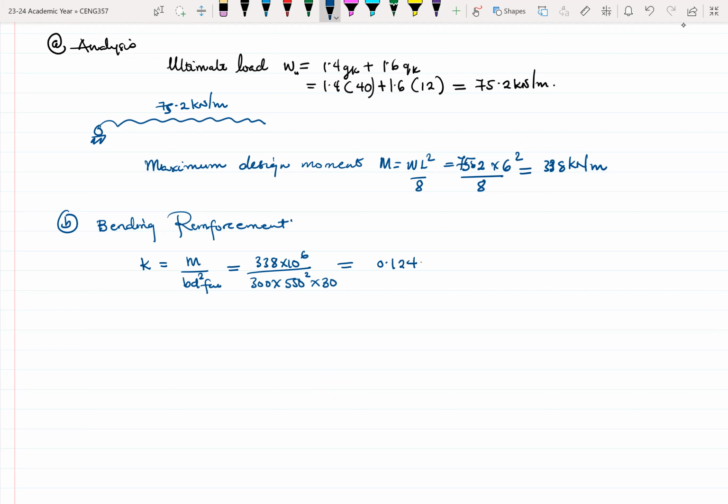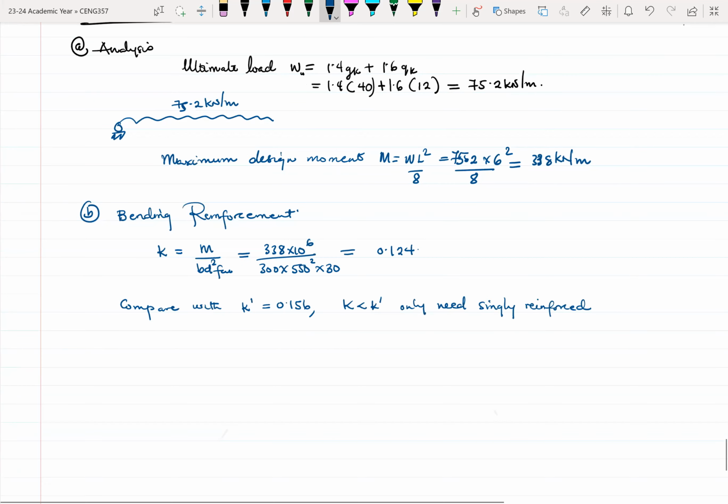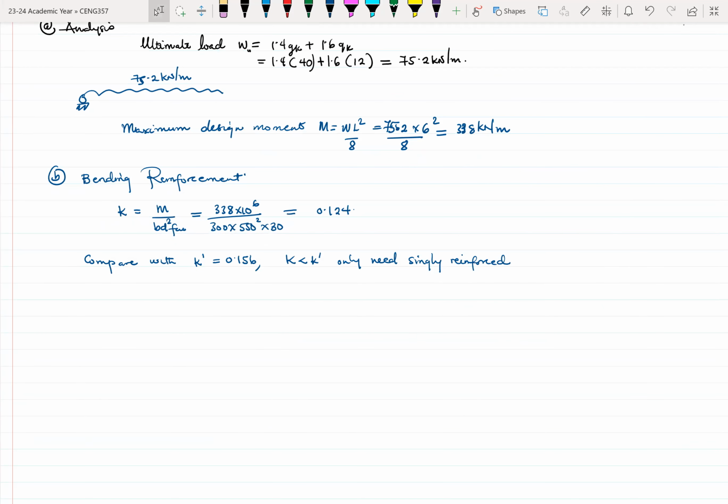So we need to compare the K with K prime, where K prime is 0.156. So since K is less than K prime, then it means that we only need singly reinforced steel rebar. All right. So if K is less than this, we are good to go.